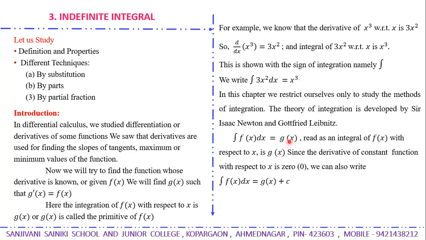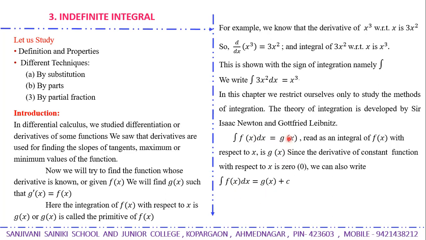So now, what is the derivative of g of x? The derivative of g of x is f of x, so that the integration of f of x is g of x, because they are opposite processes.